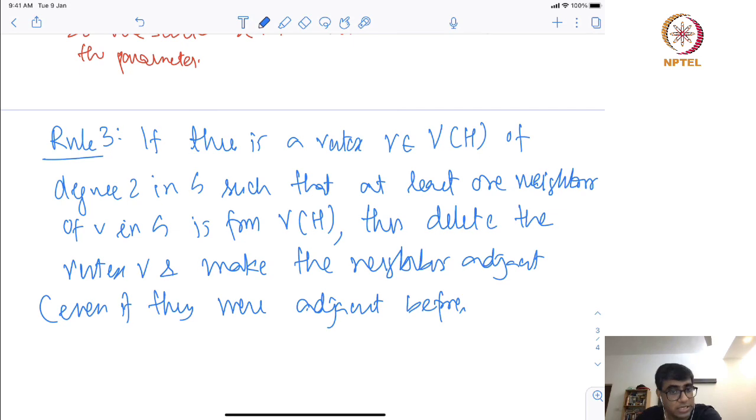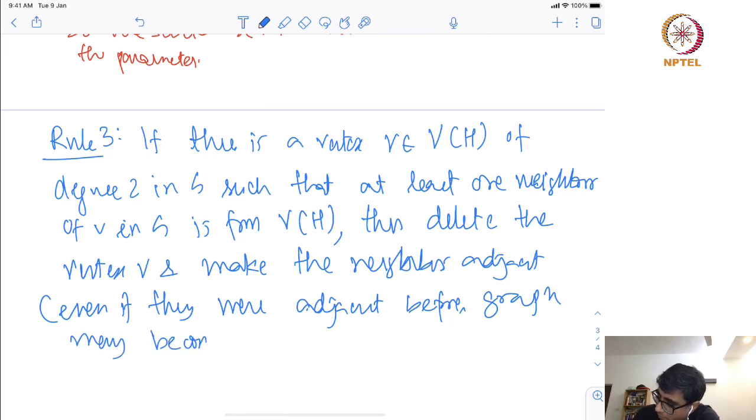So this might lead to multi edges. The graph may become a multi edge graph, okay. So what is this reduction rule?